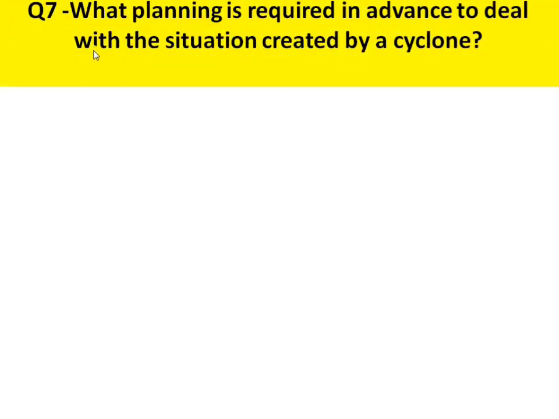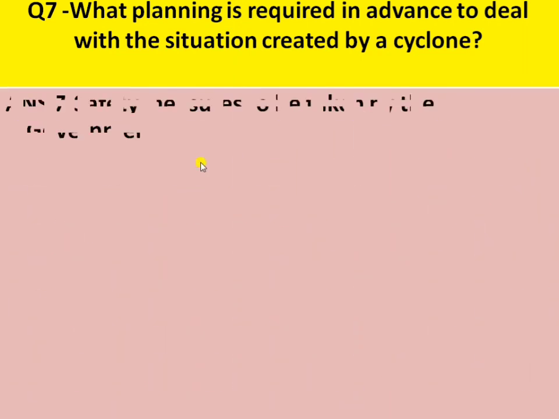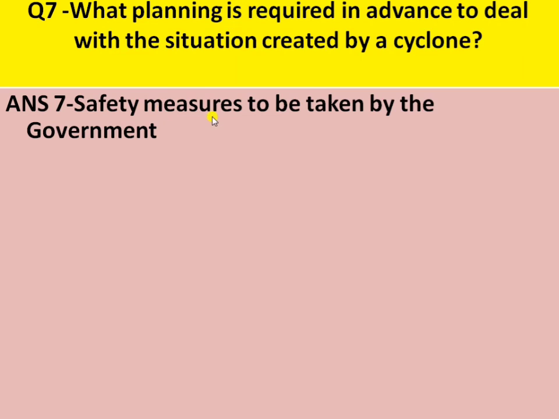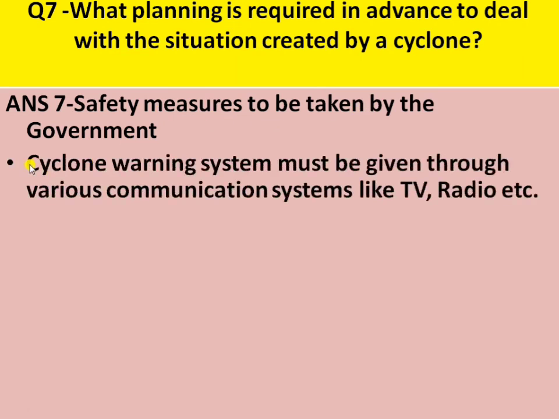Moving on to the 7th question, that is, what planning is required in advance to deal with the situation created by a cyclone? First one is the safety measures to be taken by the government. A cyclone warning system must be given through various communication systems like TV and radio.